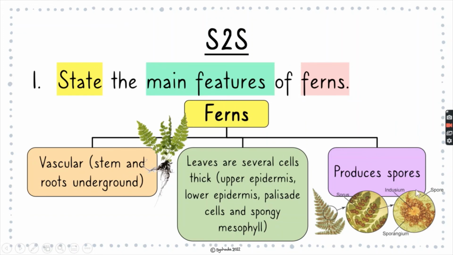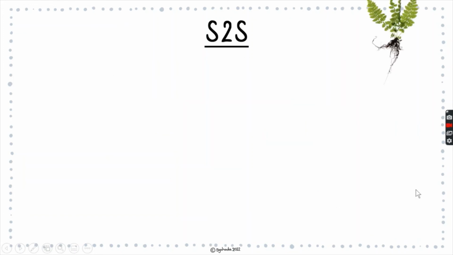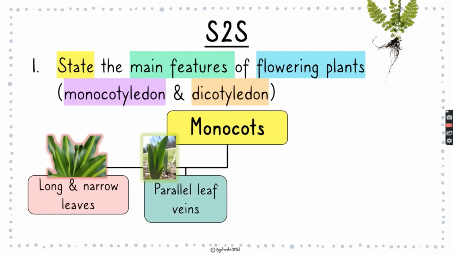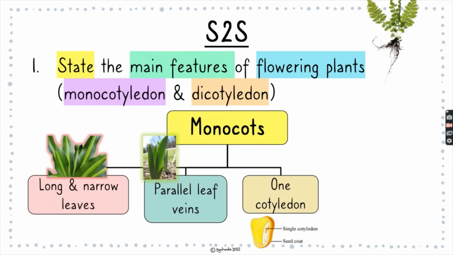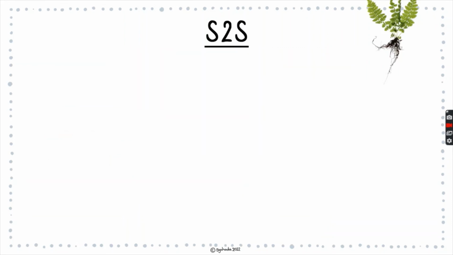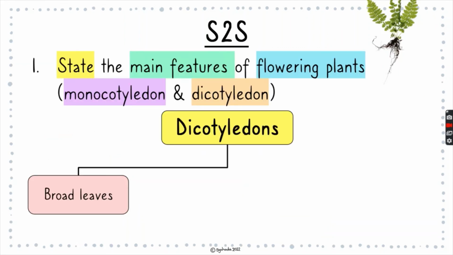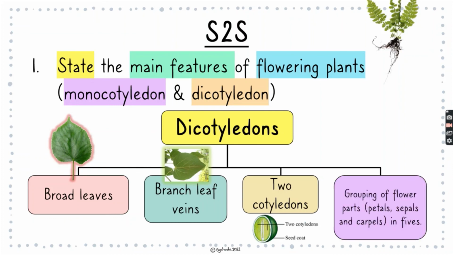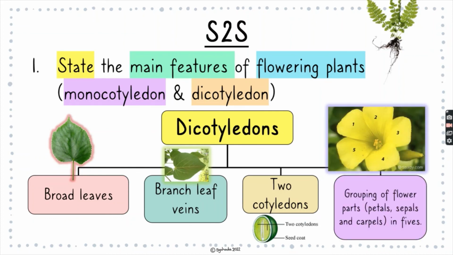They also produce spores when they reproduce. In terms of monocots, they have long and narrow leaves, parallel leaf veins, 1 cotyledon, and grouping of flower parts, which includes the petals, sepals, and carpels, are in 3s. Dicots have broad leaves, branching veins, and 2 cotyledons, and grouping of flower parts are in 5s.